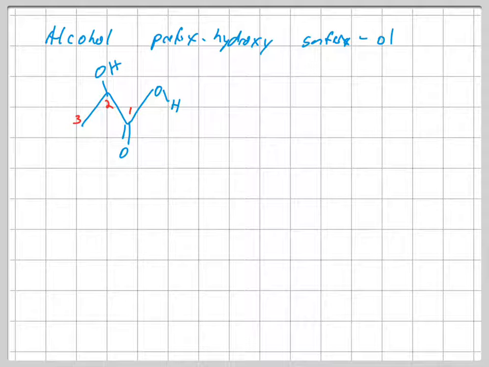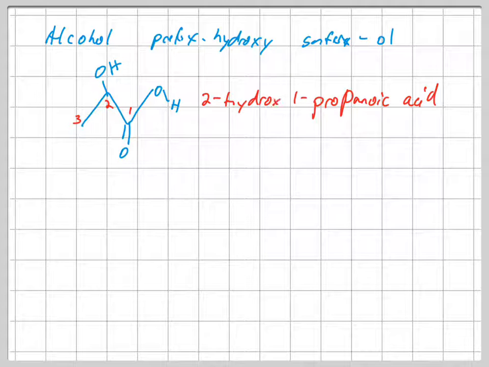There are only 3 carbons in this, and so this would be propanoic acid. And then we have our OH group on the second carbon, so it would be 2-hydroxypropanoic acid. I mean, there's really no other way that could be named, but we could leave the 1 out, I suppose.